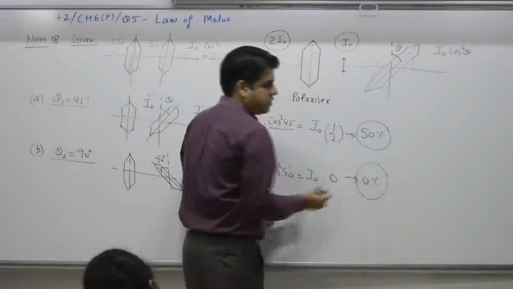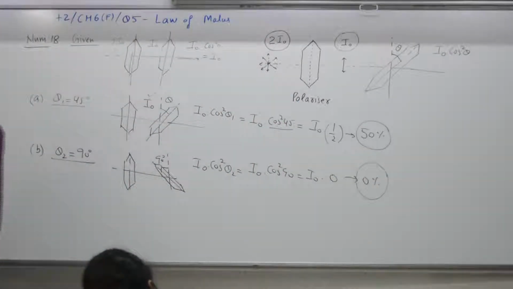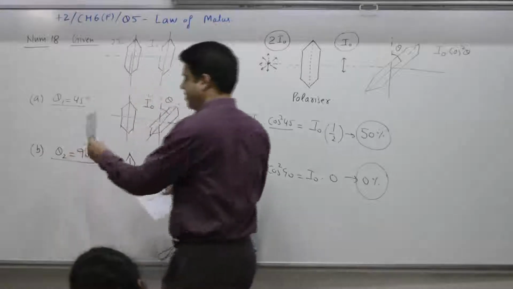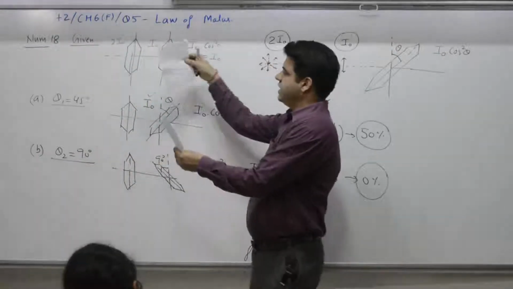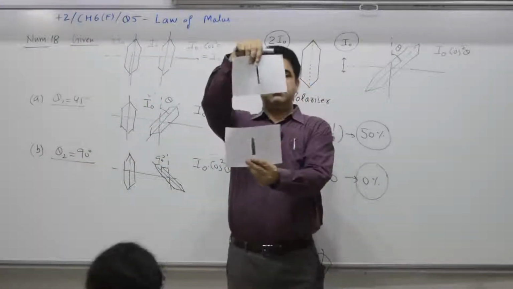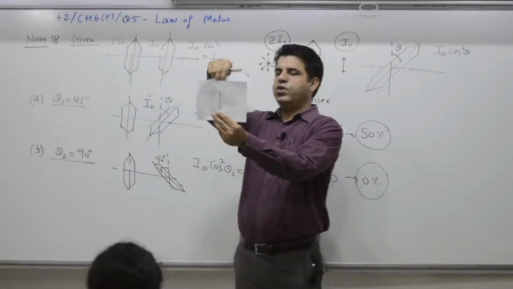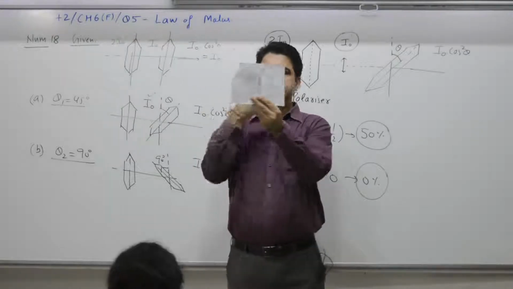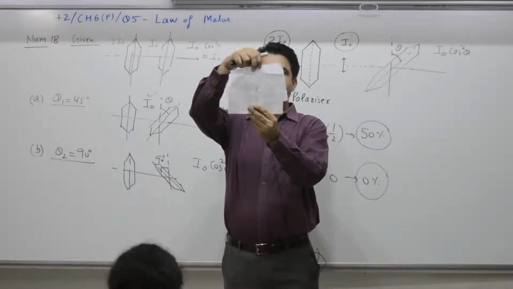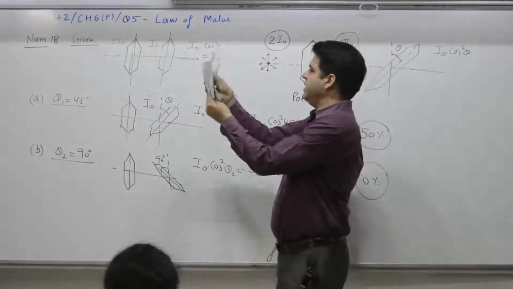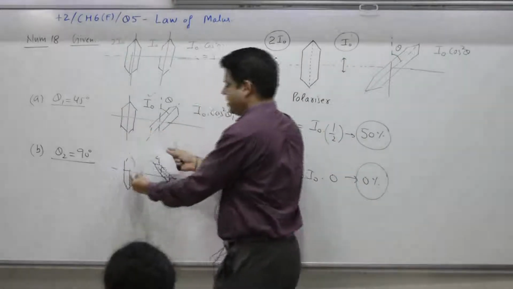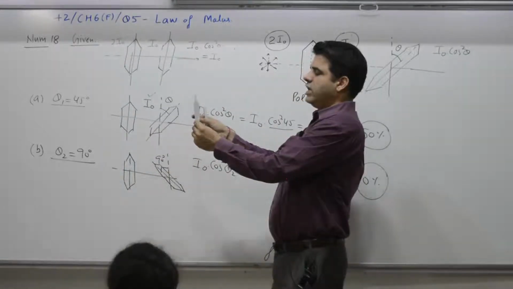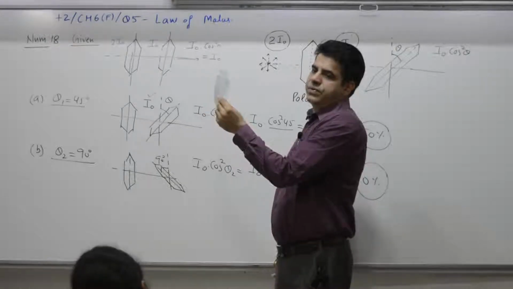So output is 0%. If theta is 0, both are parallel. If you rotate, you can have some part of light or see me through this. If I keep on moving this way, when the other one is perpendicular, the output light is 0.